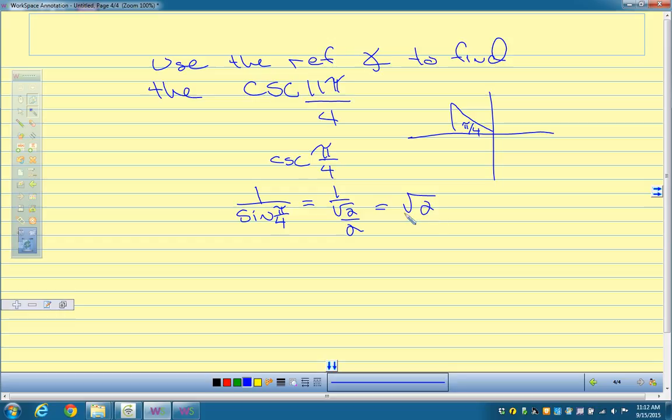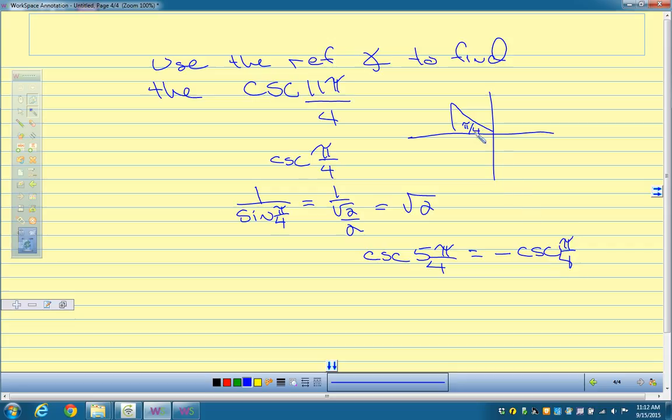Okay? So that's kind of tricky. If this were 5 pi over 4, say we wanted to find the cosecant of 5 pi over 4, that's equal to negative cosecant of pi over 4.